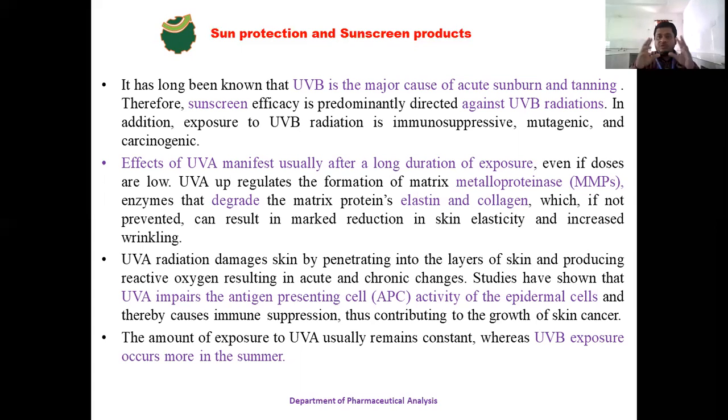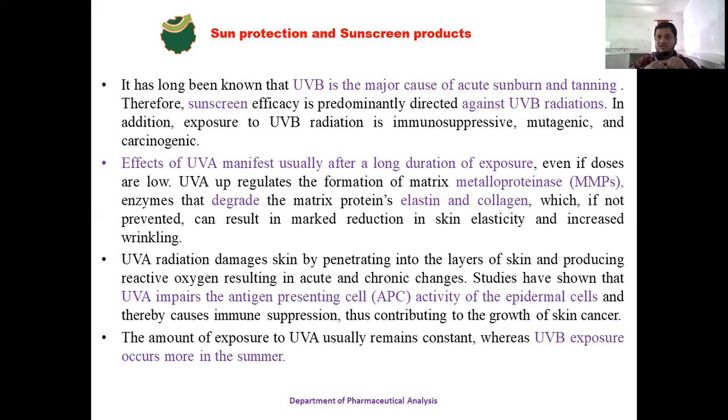Now coming to UVA rays, they are mainly effective when there is exposure for a long duration. If a person is exposed to UV rays for a longer time, then only it can cause some effect. If exposed for less time, it is not that harmful. UVA regulates the formation of matrix metalloproteinase, a type of enzyme that degrades the proteins elastin and collagen.